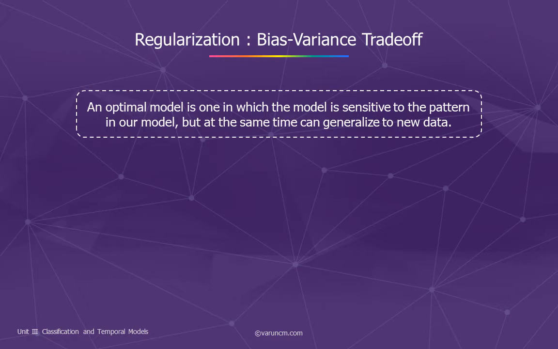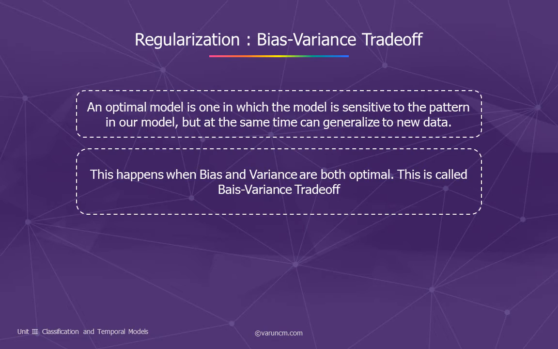So to make our model in such a way, we are going to add the bias variance trade-off. When this happens, the bias and the variance both are optimal. If both are optimal, then automatically the model will be sensitive to the pattern, and at the same time it will generalize to new data. This particular situation we call the bias variance trade-off.